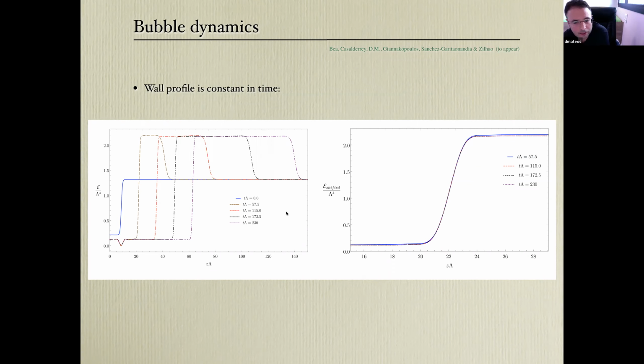And you see that the first one, which is at the earliest time, still has not converged, but then all the rest really fall on top of one another. Okay, so once you fix the nucleation temperature, there's one wall profile at late times that the system evolves to dynamically.